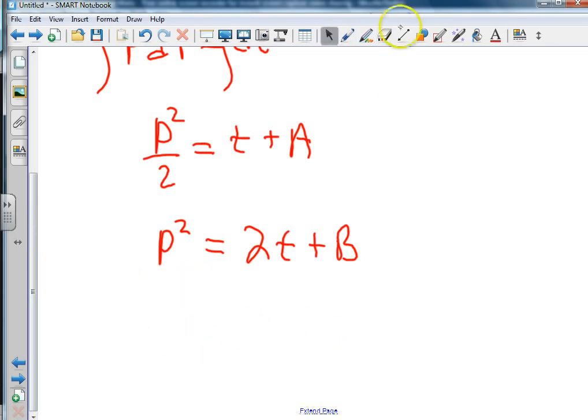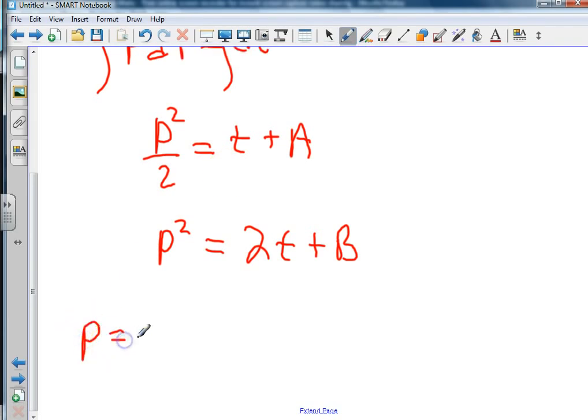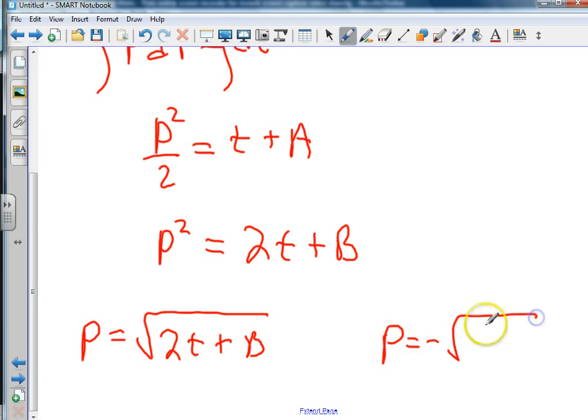Remember, the solution to a differential equation is a function whose derivative they were describing, right? So I really have two solutions here. I have P is the positive principal root, and P is the negative principal root. If you put them together, I think you get some sort of a parabola.